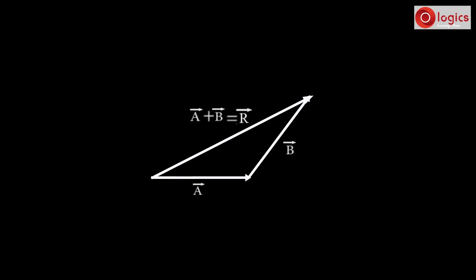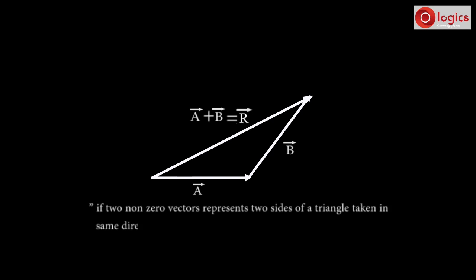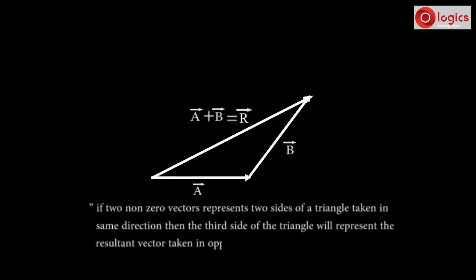In conclusion, the triangle law of vectors states that if two non-zero vectors represent two sides of a triangle taken in the same direction, then the third side of the triangle will represent the resultant vector taken in the opposite direction.